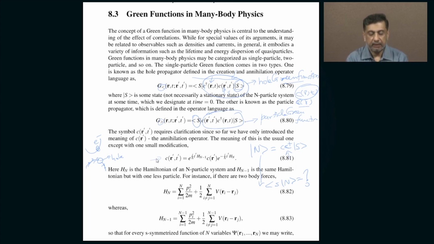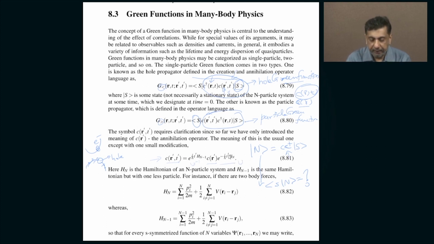The way it changes with time clearly has to be nearly the same as what we normally expect, namely if you have an operator in the Heisenberg picture that changes with time, by definition it is that operator which is sandwiched between the evolution operator on the right side and its inverse.